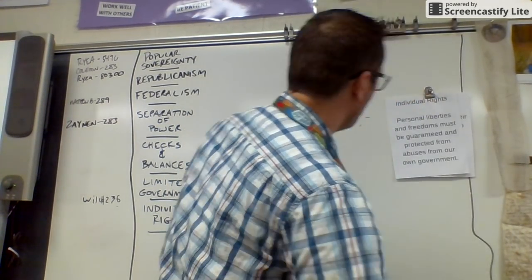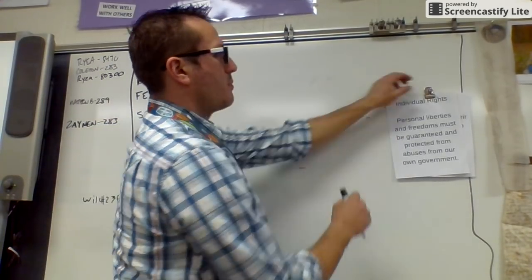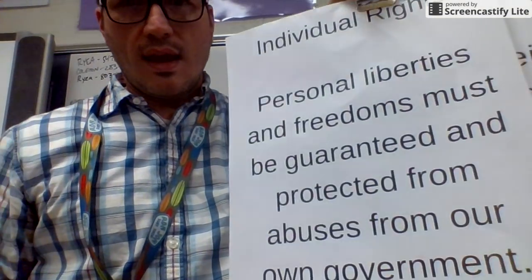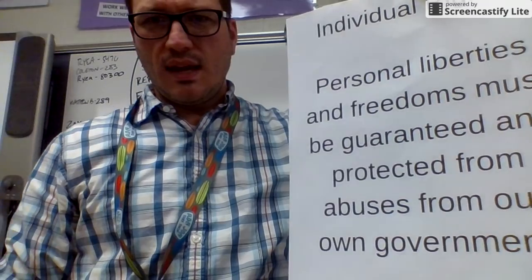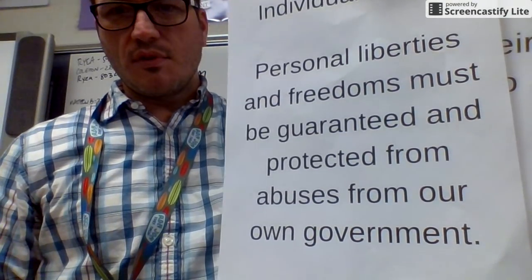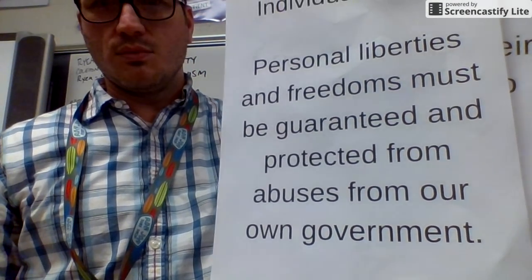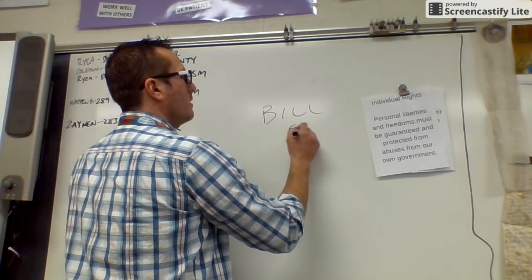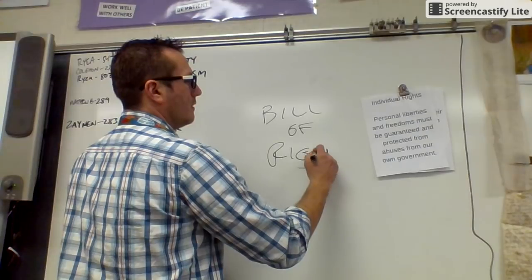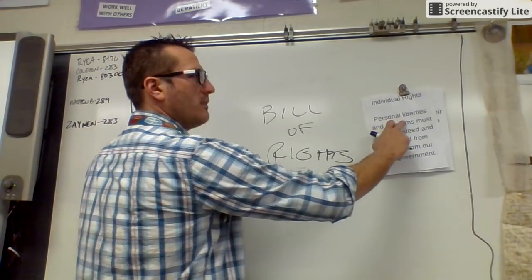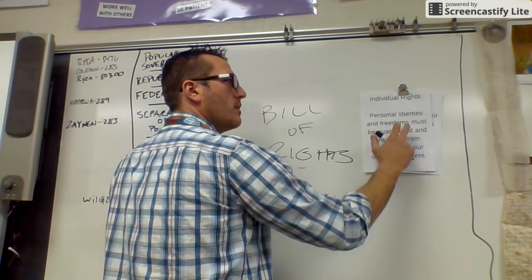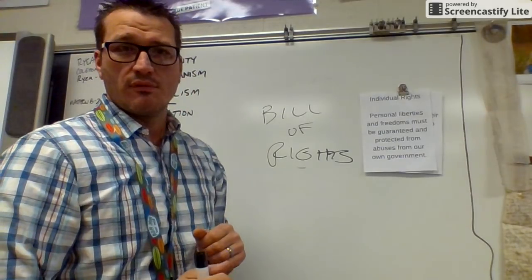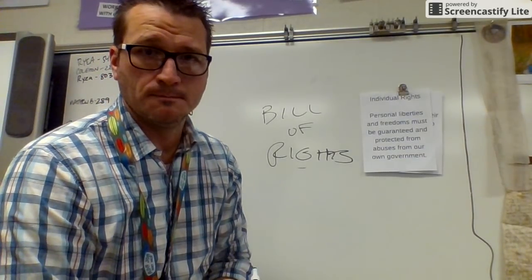Okay. Individual rights. Individual rights. Personal liberties and freedoms must be guaranteed and protected from abuses from our own government. What does that mean? Well, they did that through a Bill of Rights, right? So we have personal liberties and freedoms that we have. For example, the freedom of speech.